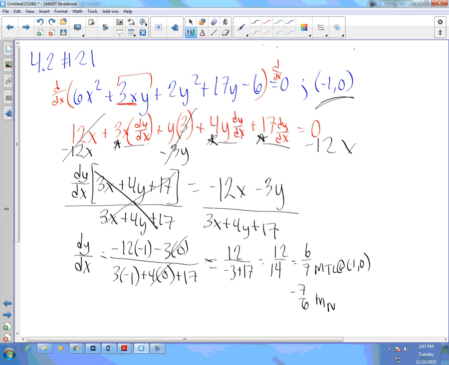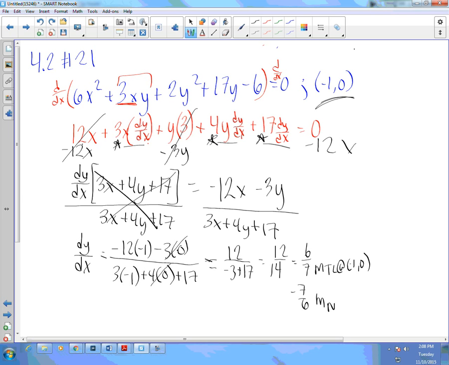Okay. What was the other one? 27. Guys, let's get through 27 really quick, at least jumpstart on it. You need dy dx and the second derivative. This is a circle centered at the origin with radius 1. So the derivative is 2x plus 2y dy dx equals 0.